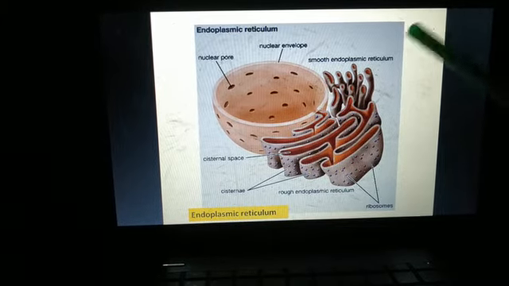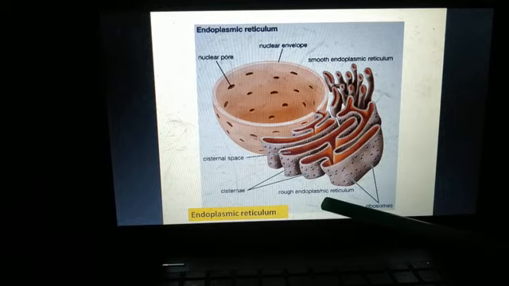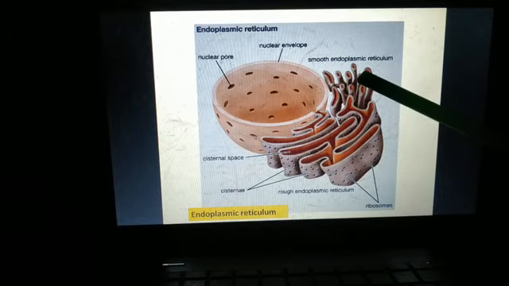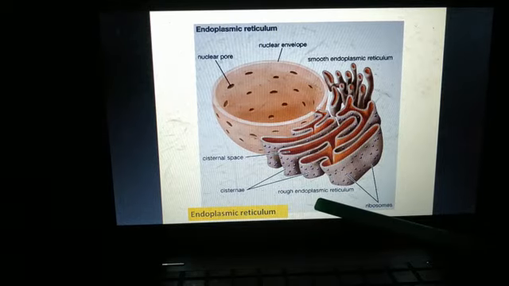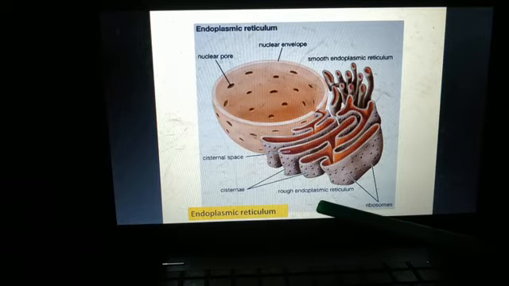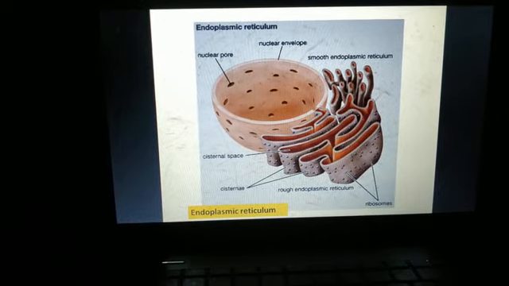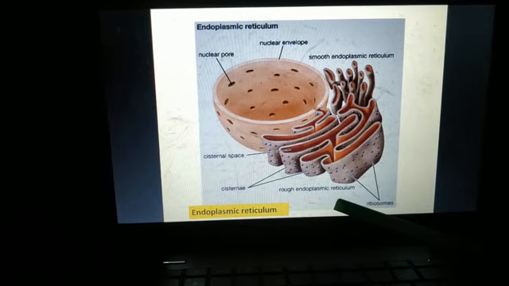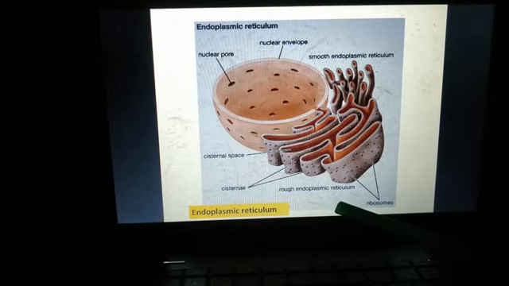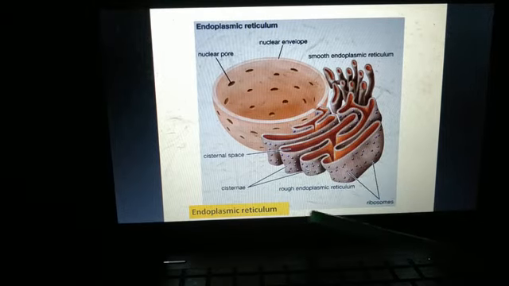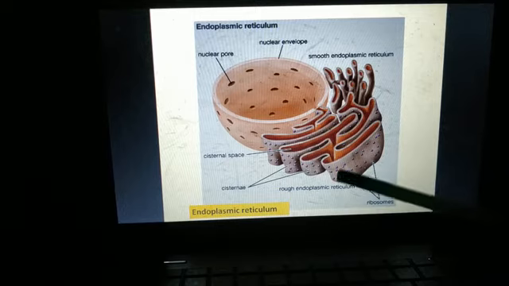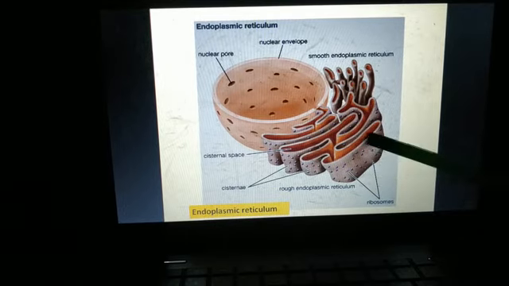Now the functions of rough endoplasmic reticulum and smooth endoplasmic reticulum are different. The rough endoplasmic reticulum, since it has ribosomes on its surface, will help in protein synthesis, because ribosomes are involved in protein synthesis.